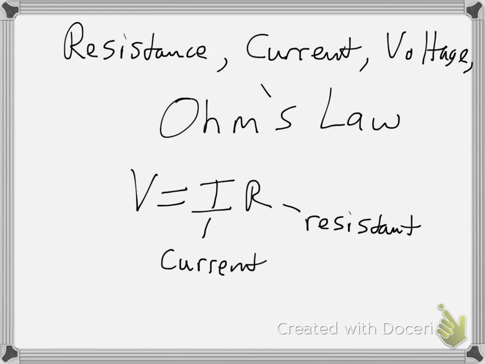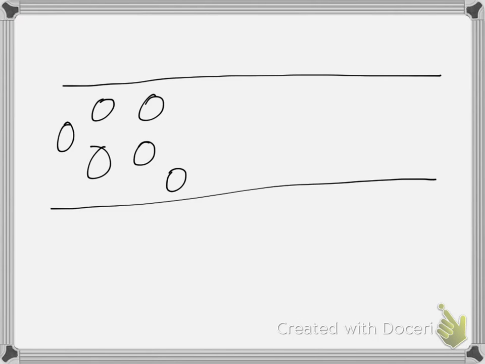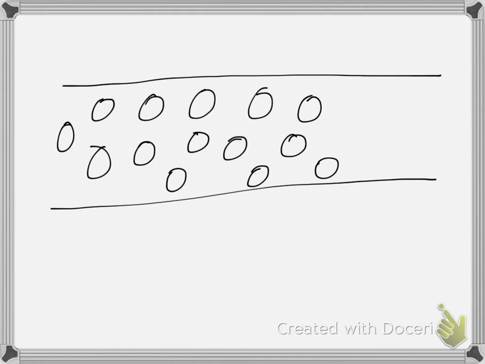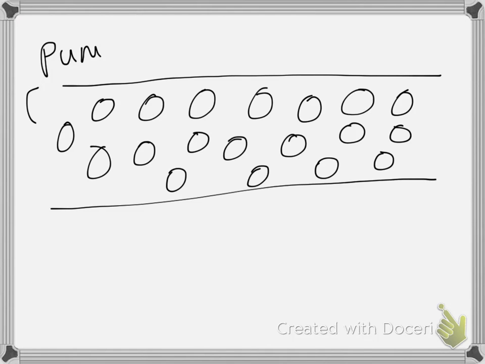Now, technically, current, if we look at it in our pipe flow model, let's look at our pipe again. And let's say we have all sorts of charge here. The way we measure current, so here's my pump, and here's my outlet, is simply the flow of charge, but let's define it mathematically.